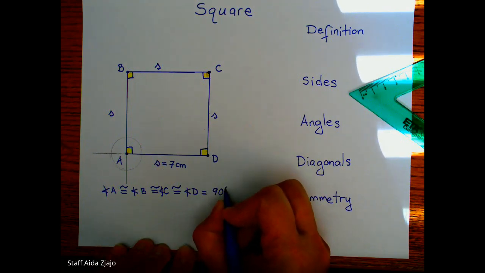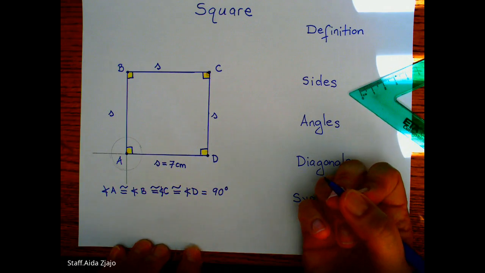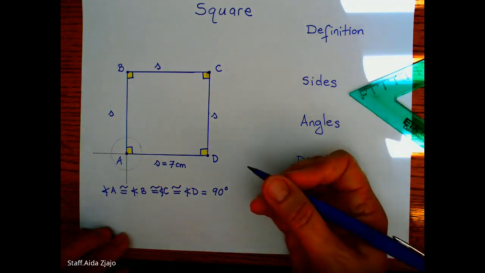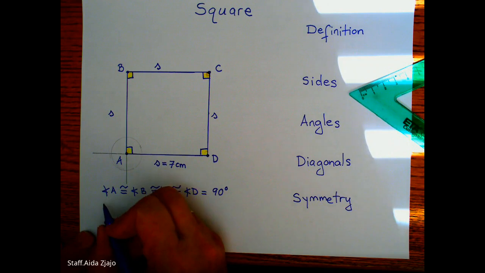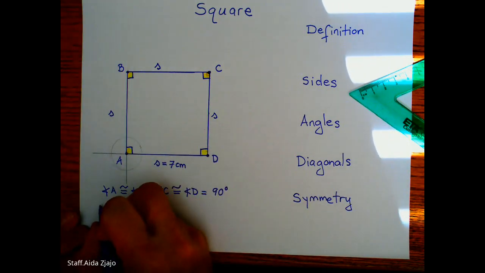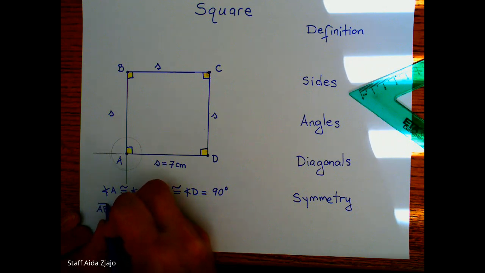Each of them is 90 degrees, or called a right angle. We also can label the line segment. A line segment is like AB, capital letters with a line on the top.